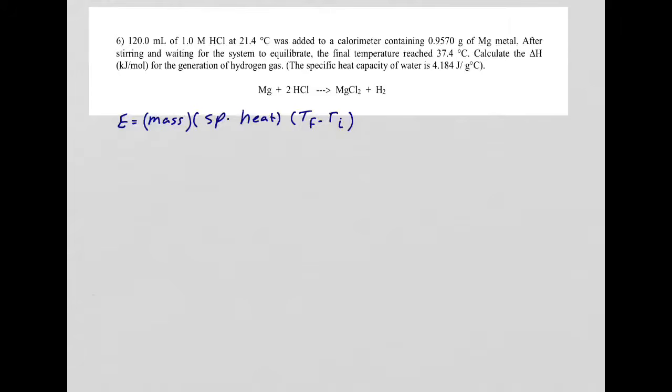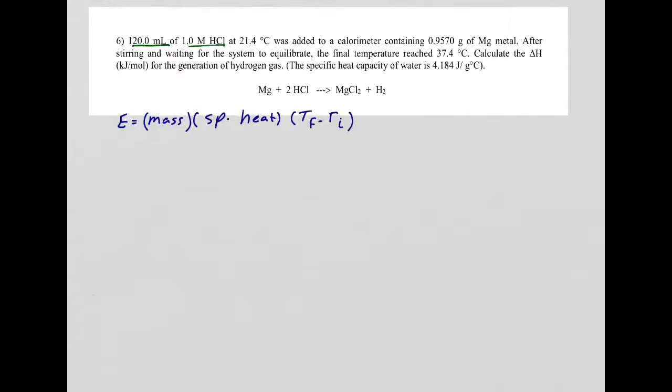But if you don't want to, we can also add it up together to do it the right way. So I have 120 ml of 1 molar hydrochloric acid. And if you think about it, hydrochloric acid is basically all water, right?